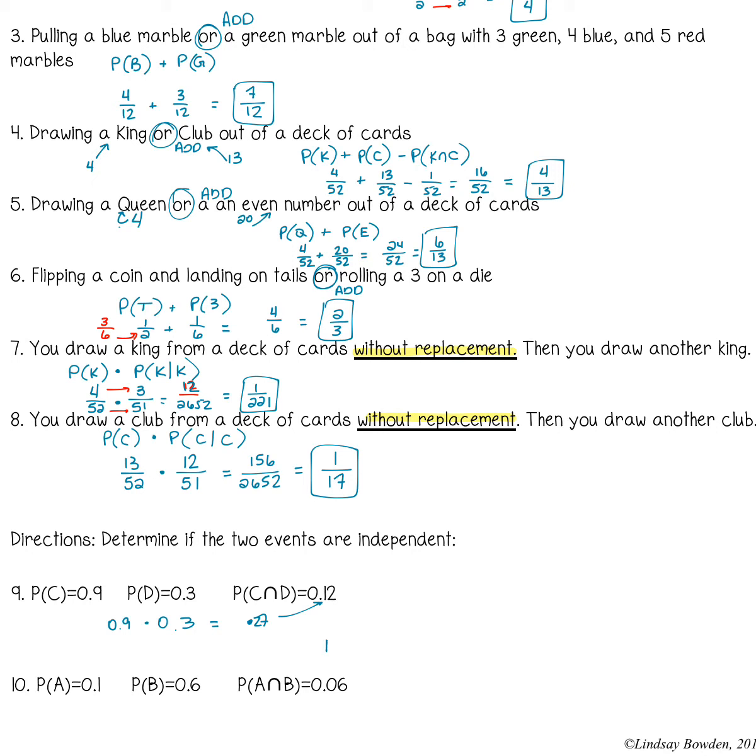If it doesn't, which it doesn't here, our answer is no. And then the bottom one, 0.1 times 0.6. Well, look at that, 0.06. Do they match? Yes. So they are independent of one another. This concludes page 4.